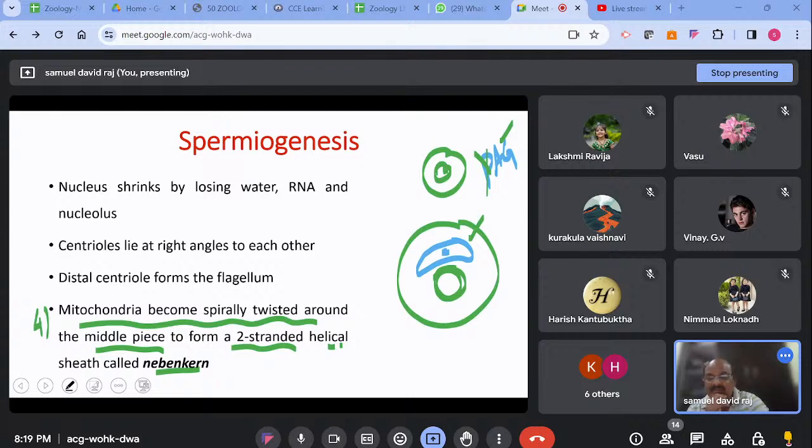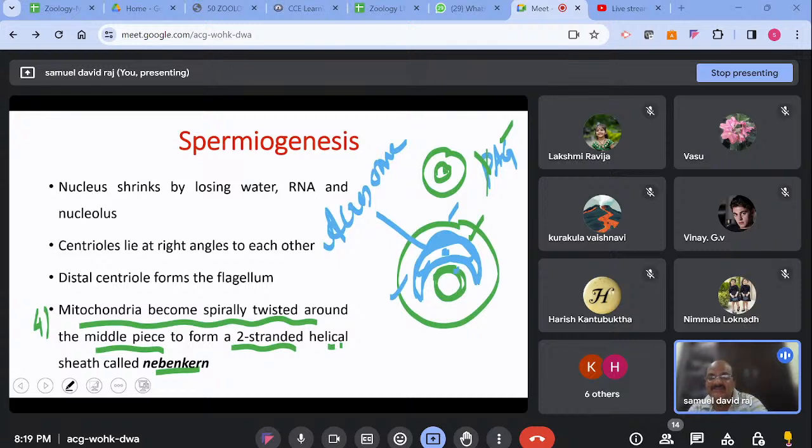Now it starts spreading on both sides of the nucleus between the plasma membrane and the nuclear membrane, and thus it forms what we call an acrosome.